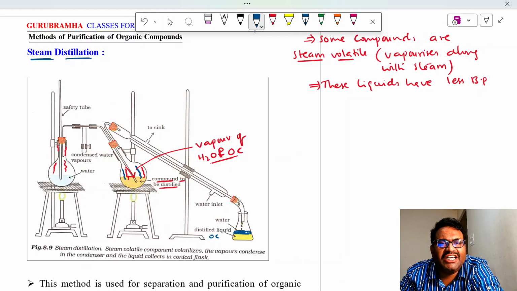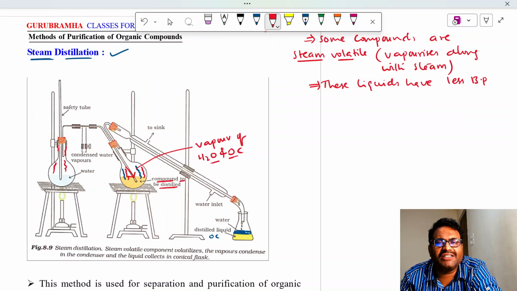So this steam distillation is used to purify the organic compound which is steam volatile, which vaporizes along with the steam. Now, in this flask, we find vapors of water and organic compound.